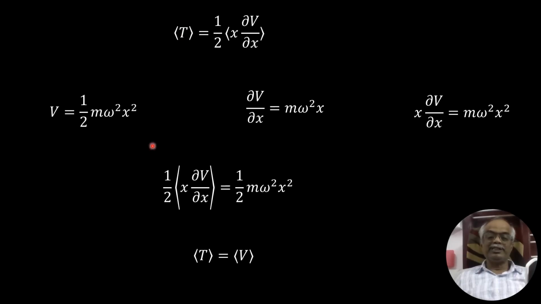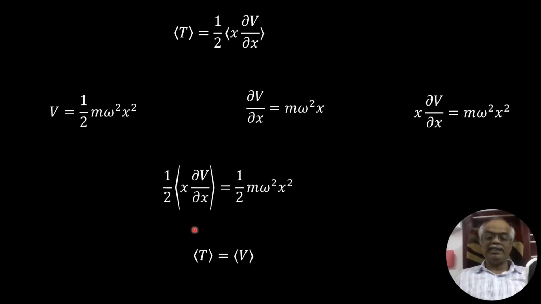If you use this, that is, the expectation value of x ∂V/∂x, you know this half you take as it is. This term inside the expectation value, that is x ∂V/∂x, is equal to m omega squared x squared, and you take this off.